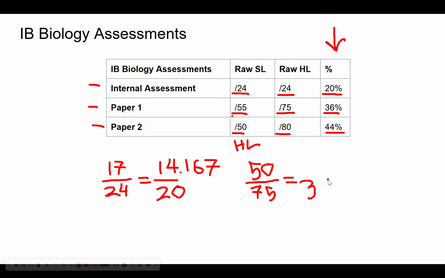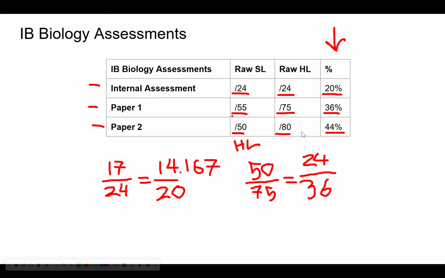And when you do the math to solve for x in the proportion, you get 50 times 36 divided by 75, 24, which makes sense because it's 2/3. So that's your paper 1.